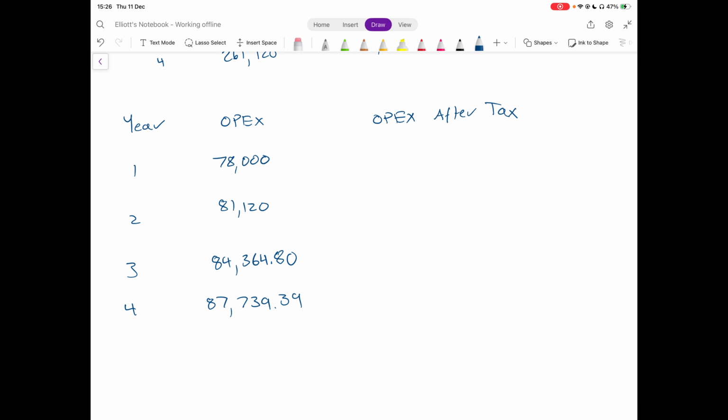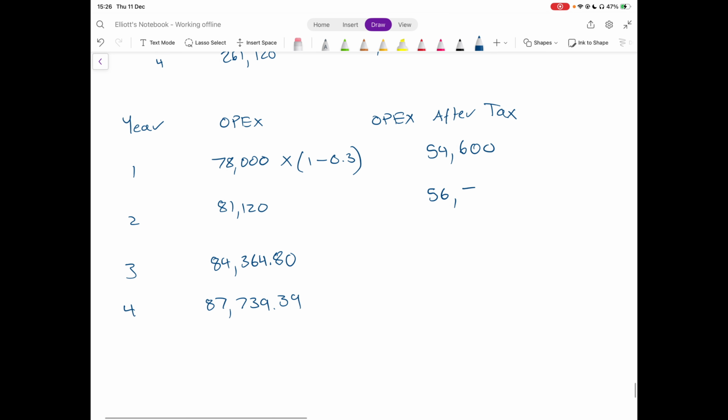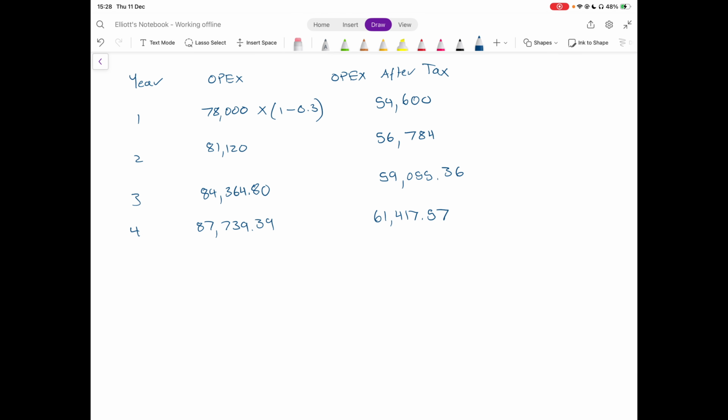And then we're going to multiply this by 1 minus 0.3. So basically 0.7 each year to get the after-tax operating cost. Now we want to find the net cost per year.